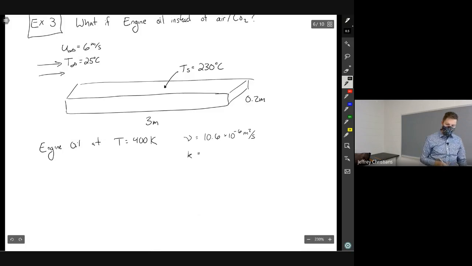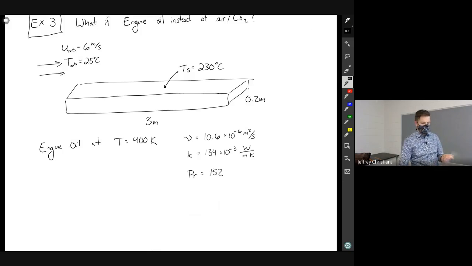The thermal conductivity is 134 times 10 to the negative 3. And the Prandtl number is 152. So a lot different than what it was.